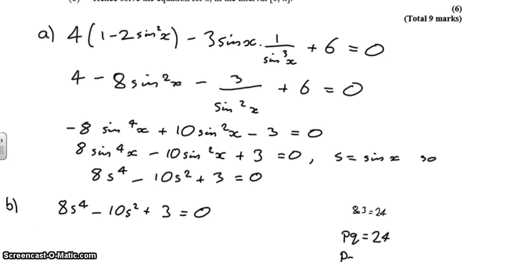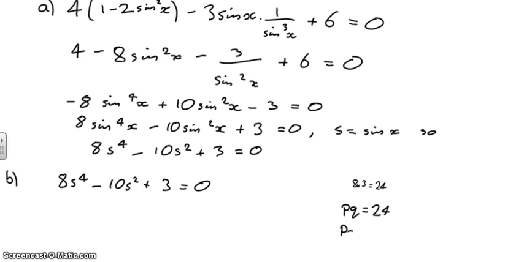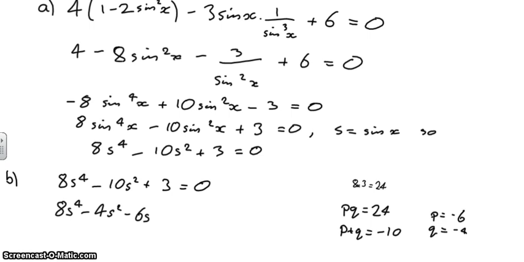So that tells us that if we have two values, P and Q, P times Q is 24, P plus Q is equal to minus 10. So therefore P would be minus 6 and Q would be minus 4, so we can split up our minus 10s squared into minus 4s squared and minus 6s squared. So 8s to the power 4 minus 4s squared minus 6s squared plus 3 equals 0.